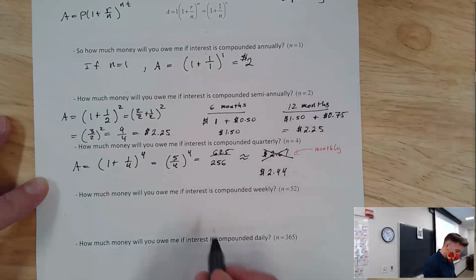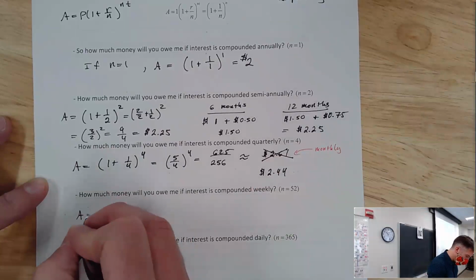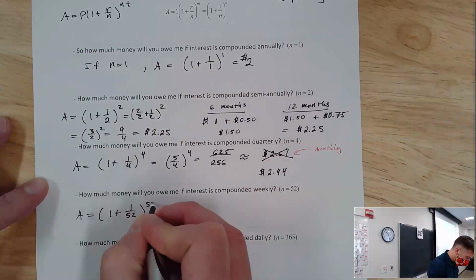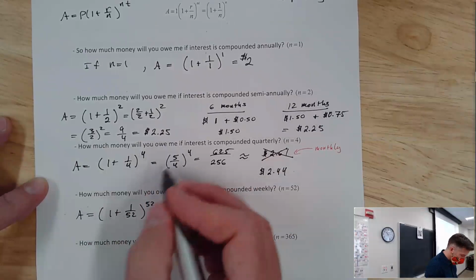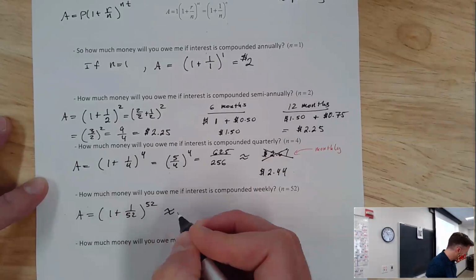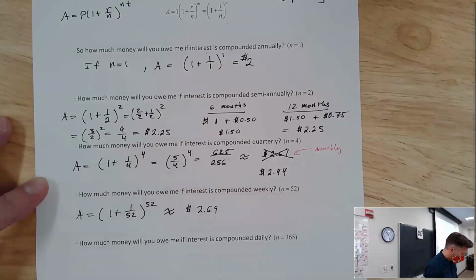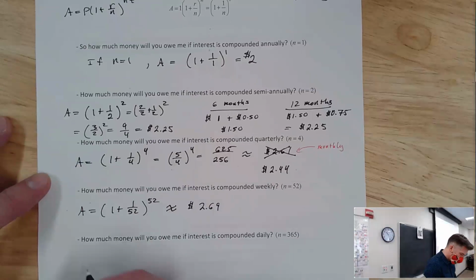And if we compound it weekly, we get this number, which I'm not even going to calculate. I'm just saying it's approximately $2.69. Right, getting closer to 3. Let's see if we compute it daily.